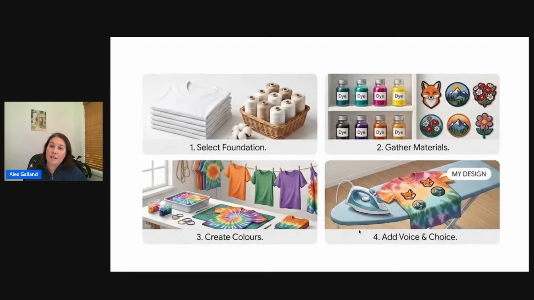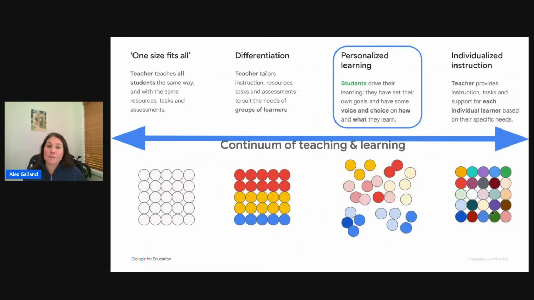Another teacher might decide to get the t-shirts and to provide the materials and to let the students in the class actually create their own, to choose their colors, to mix the dyes to create new colors, to add the different types of patches that they want onto their t-shirts, to give them some voice and choice. In a classroom, this is personalized learning.